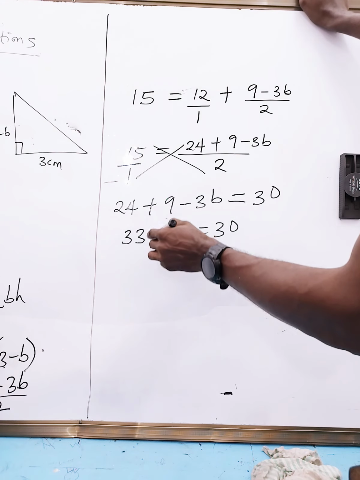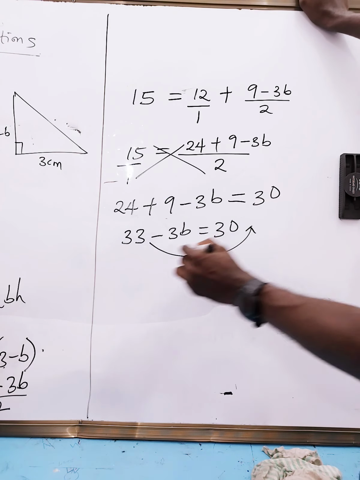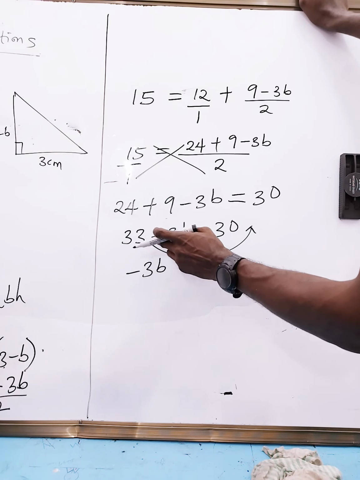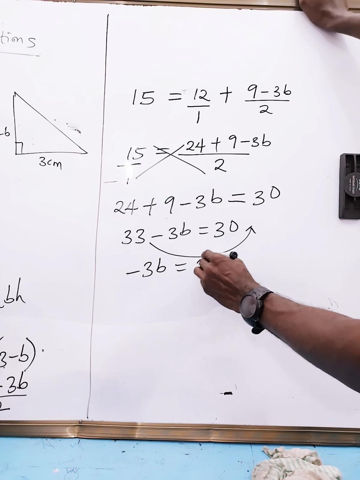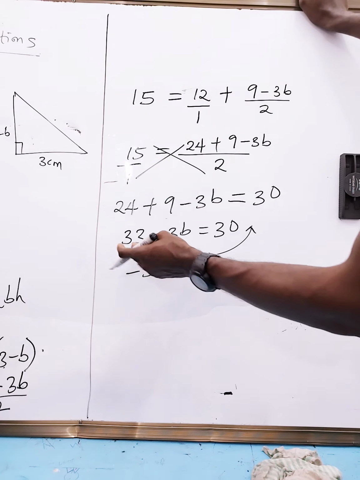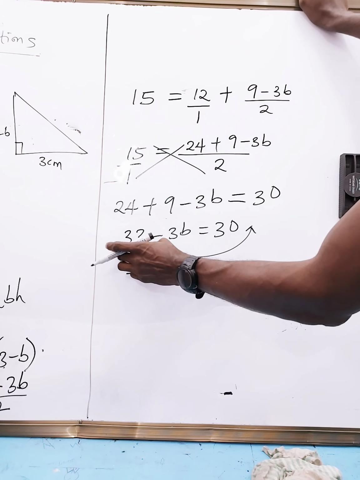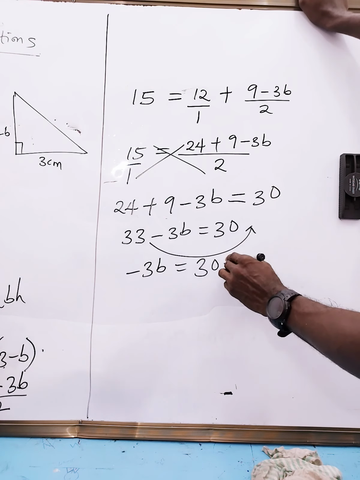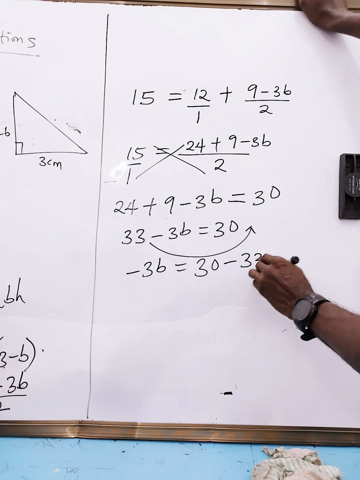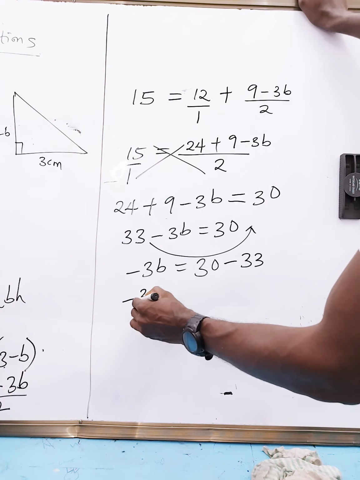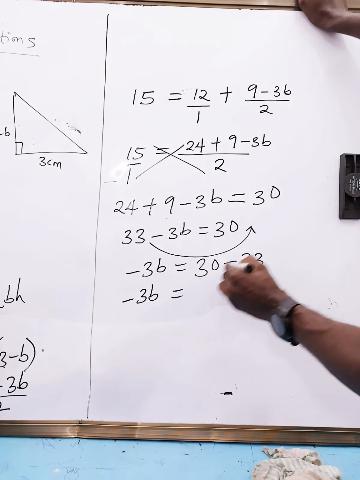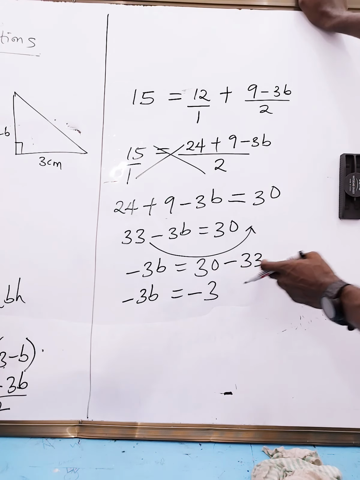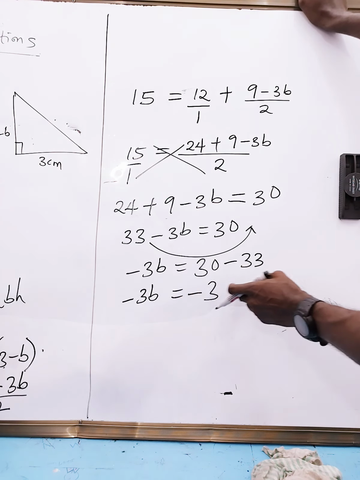Now, 33 is plus 33 because there is no sign, so when it moves to the other side it changes to minus 33. We therefore have minus 3b equals 30 minus 33, which is minus 3.